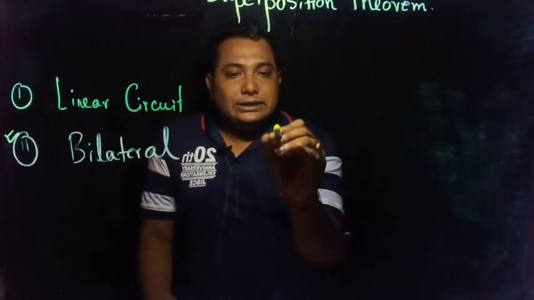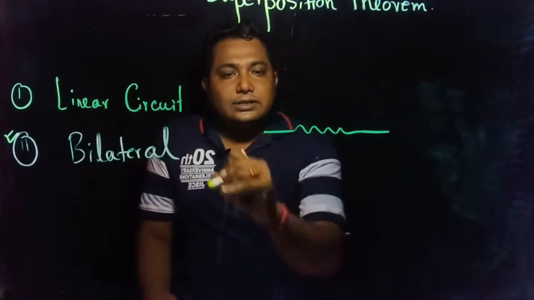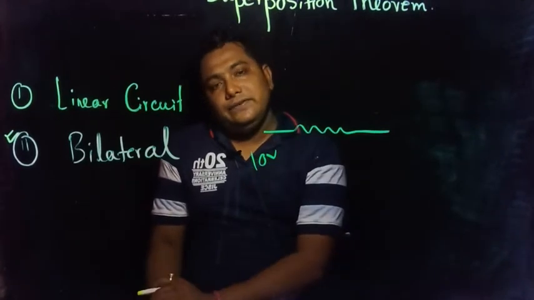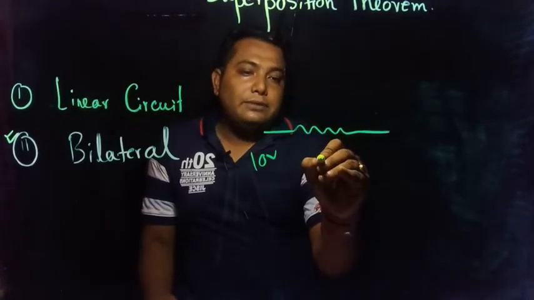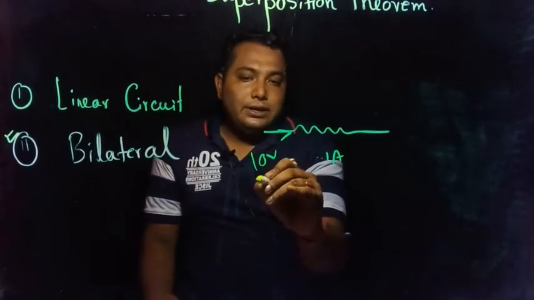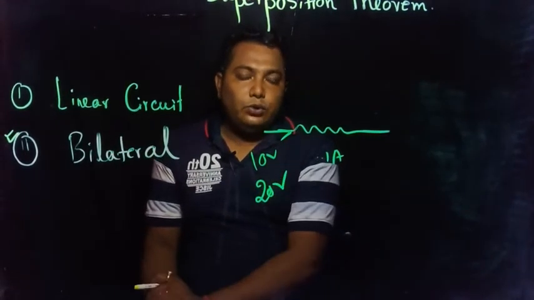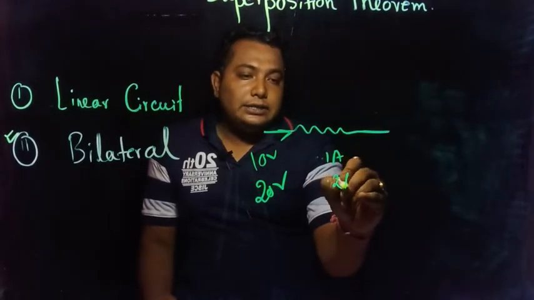Say again consider our resistor. Say a 10 volt supply is given, and due to that 0.1 ampere current is flowing through the circuit. Now if we increase the voltage from 10 volt to 20 volt, the current value becomes 0.2 ampere.